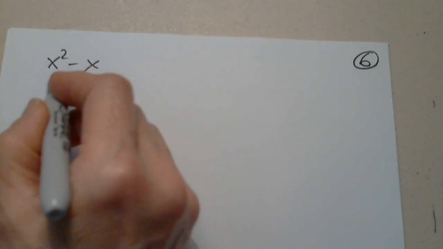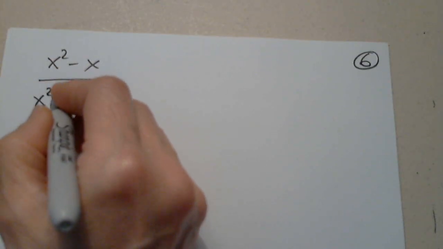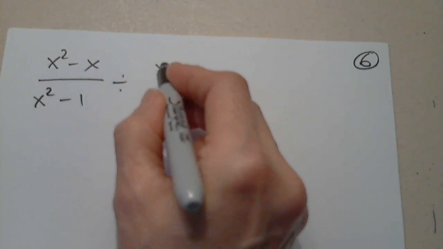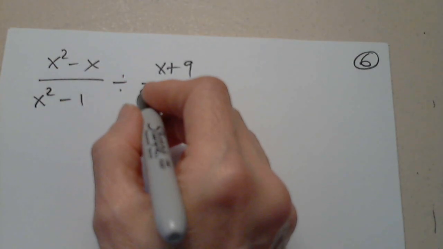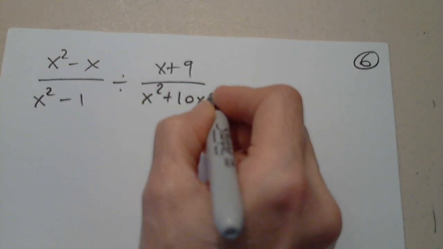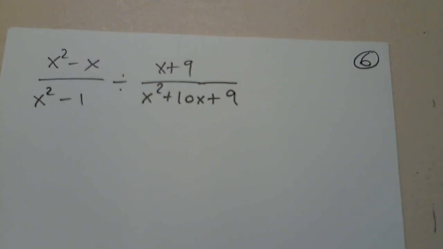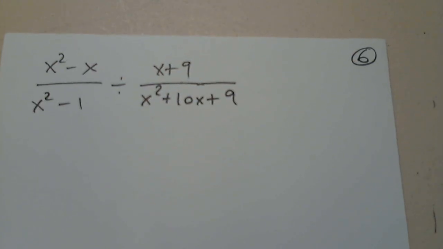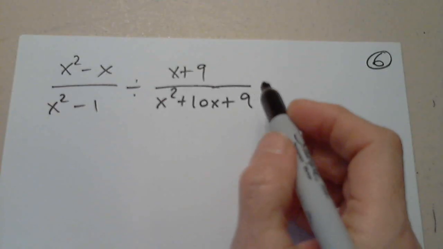I'm going to change the d into x because it's easier. And then x squared minus 1 divided by x plus 9 over x squared plus 10x plus 9. You can do that on your scratch paper, of course, but remember to enter with the variable that is given in the problem.